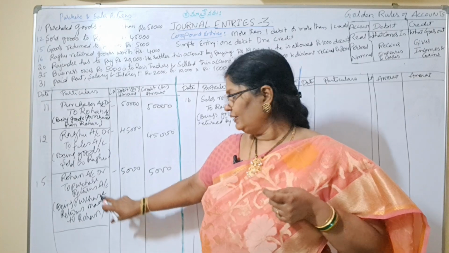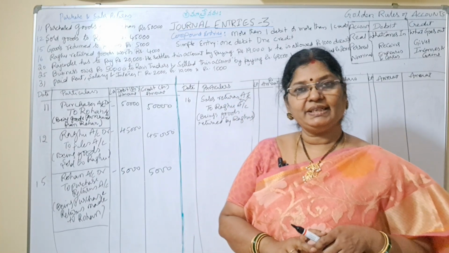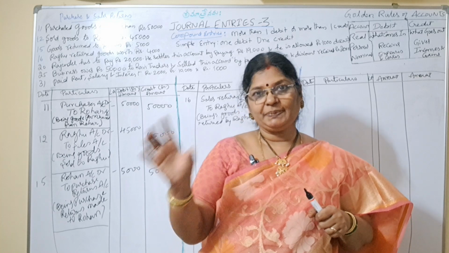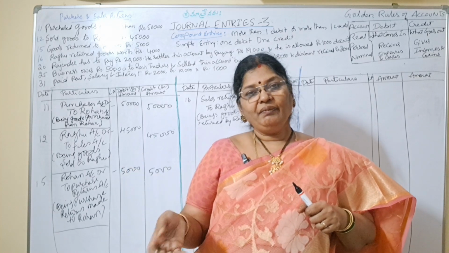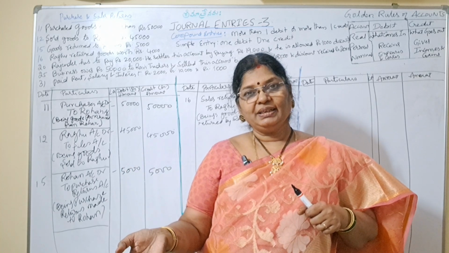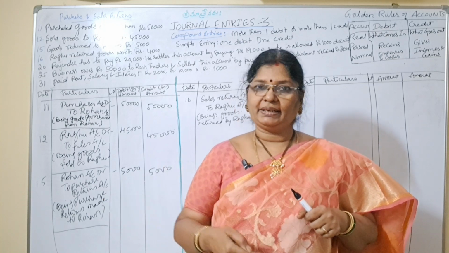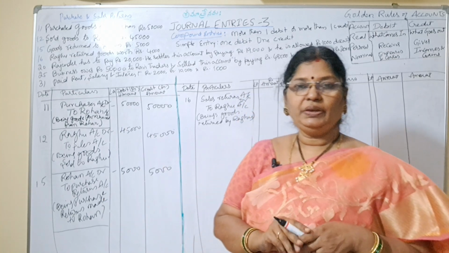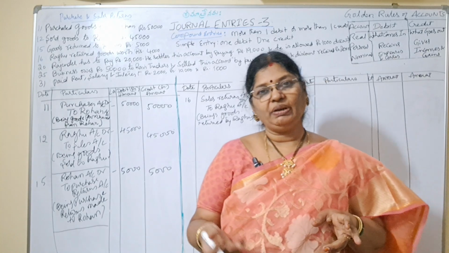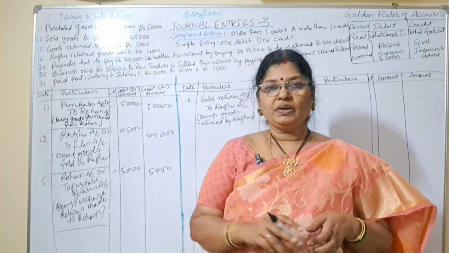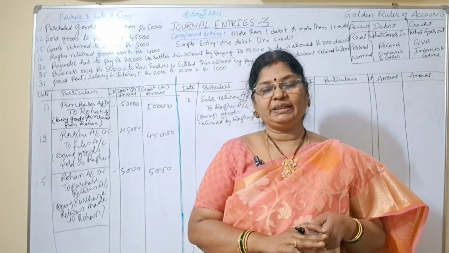Have you understood why we are crediting purchase returns? Because when we purchased, we showed it as expense. But here, when we are returning goods, we have to show that as income, because that amount will come back. Say, for example, you have purchased some nice shirts from Amazon, right? You bought 10 shirts, so you paid around 20,000 for that.